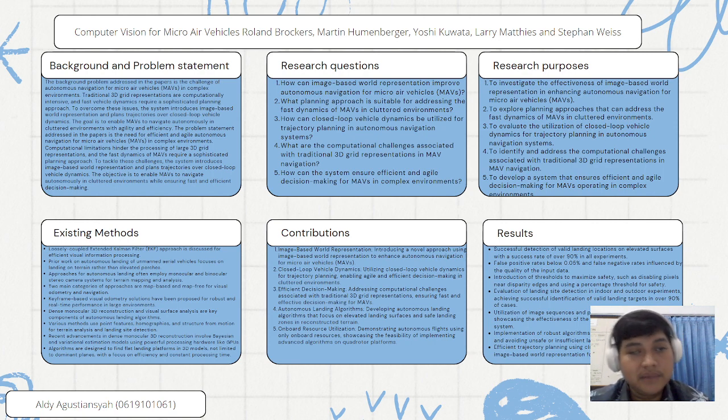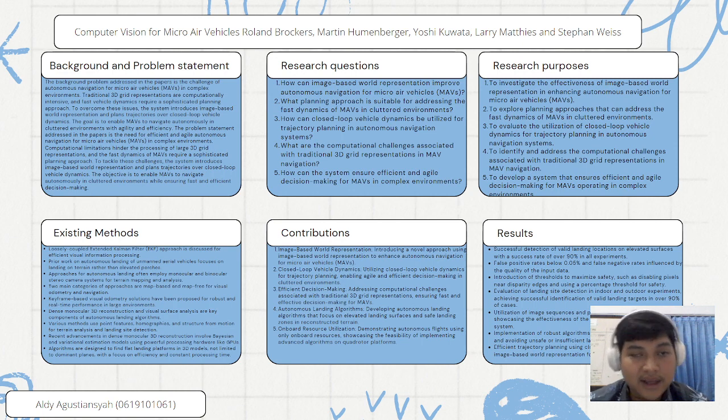The problem statement addressed in the paper is the need for efficient and agile autonomous navigation for micro air vehicles (MAVs) in complex environments. Computational limitations hinder the processing of large 3D grid representations, and the fast dynamics of MAVs require a sophisticated planning approach.